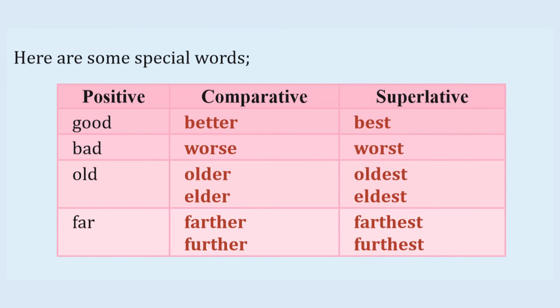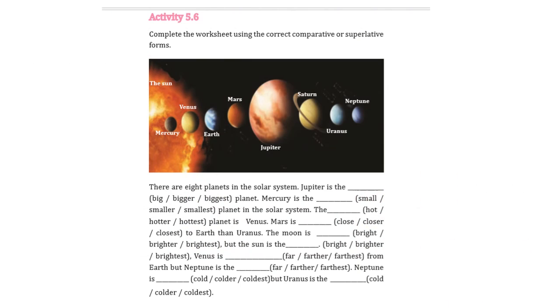Here in this table you can see more examples for words that change differently in comparative and superlative forms. Now children, you can study this picture, and there's a paragraph. You have to fill the blanks. Complete the worksheet. Do it yourself first. Then check your answers.